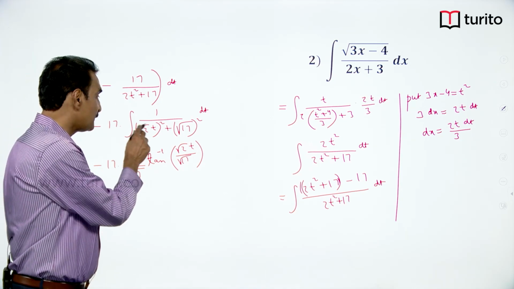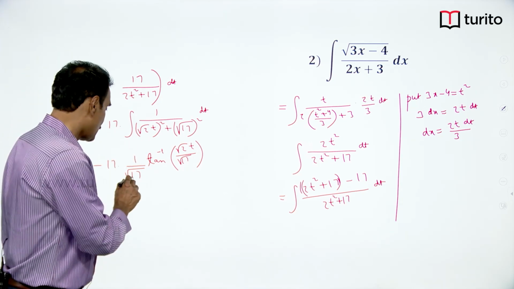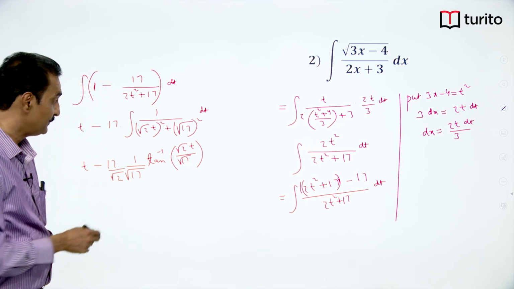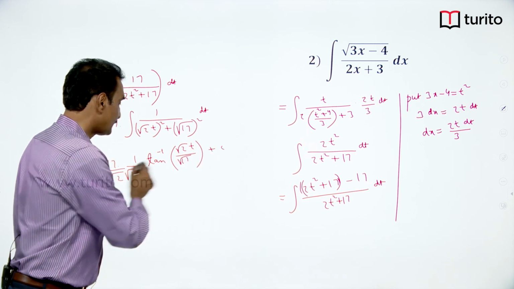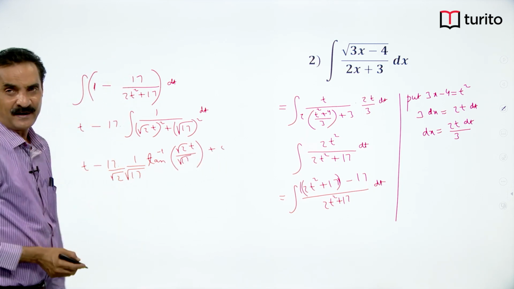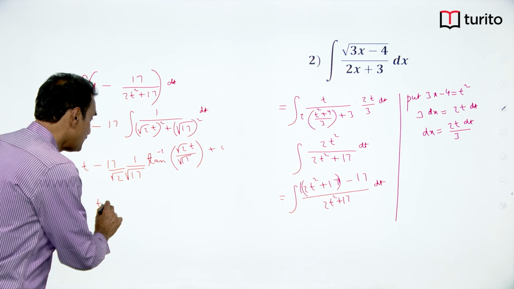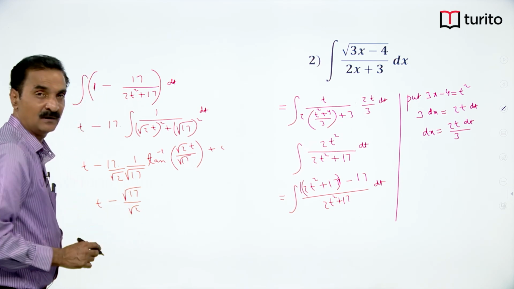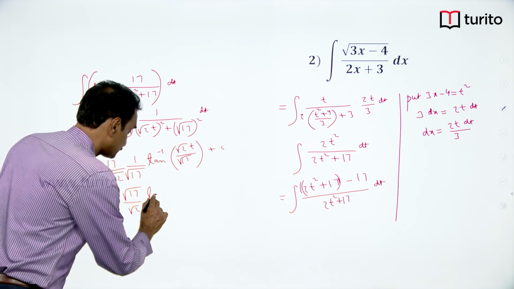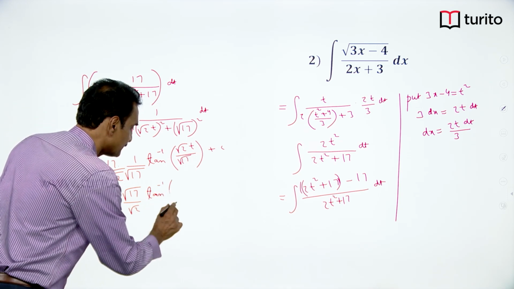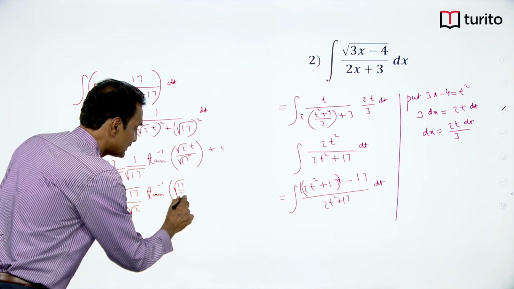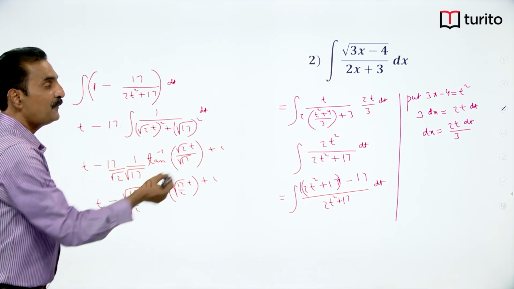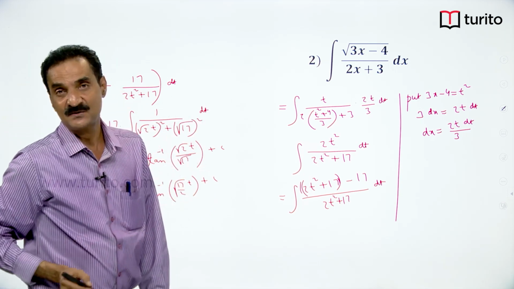What is the inner derivative of √2 t with respect to t? √2. So, here you will get divided by √2, plus c. Now, simplify it: t minus √17/√2 tan⁻¹(√(2/17) t) plus c, where t is equal to √(3x−4).